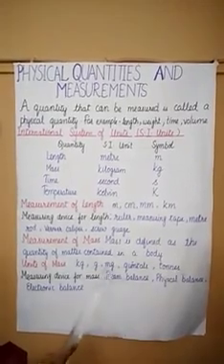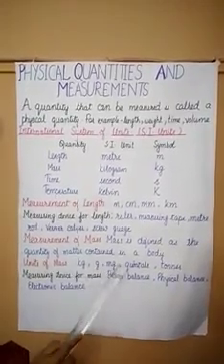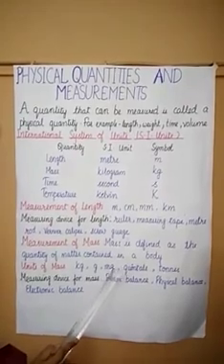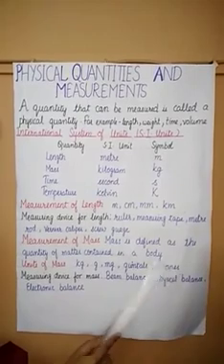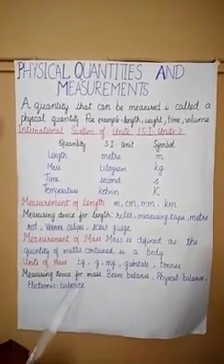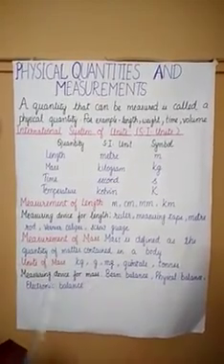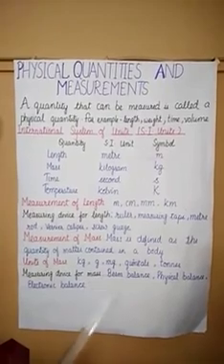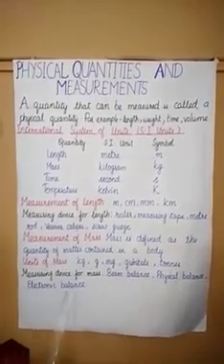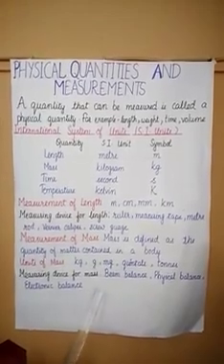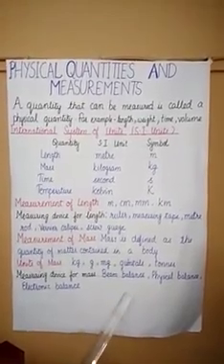These smaller units are the submultiples of kilogram, and these are the multiples of kilogram. And the measuring devices for measuring mass, in our day-to-day life, are the beam balance, physical balance and electronic balance.